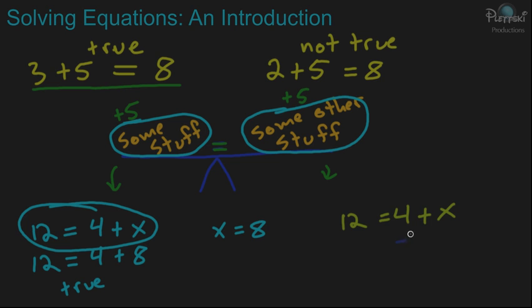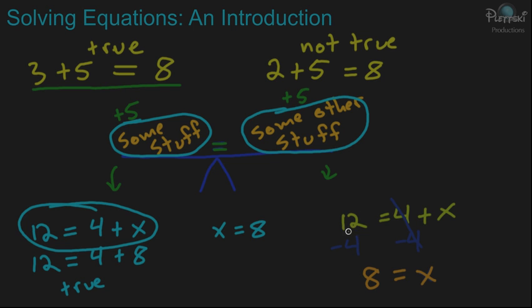So I could take a 4 away from both sides. So minus 4. Now 4 minus 4, that's going to cancel out, and you're going to be left with an x on one side. And then 12 minus 4 will give you an 8.